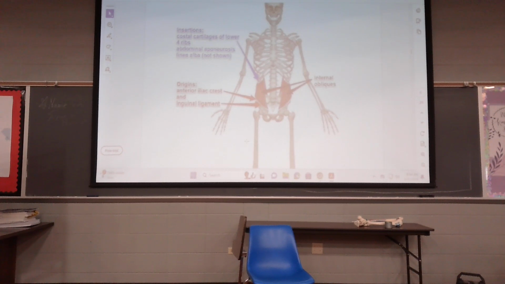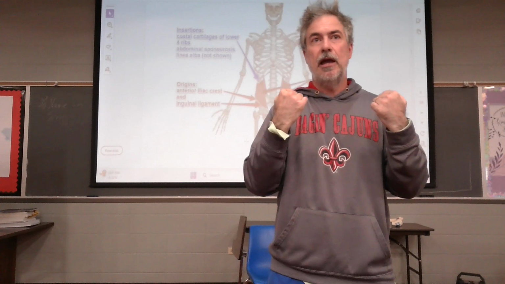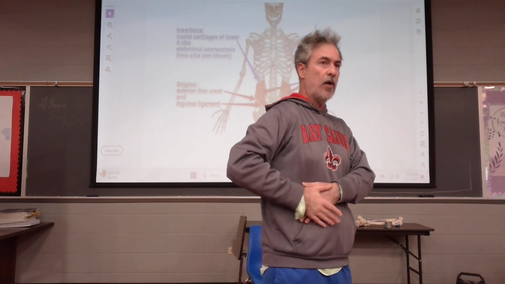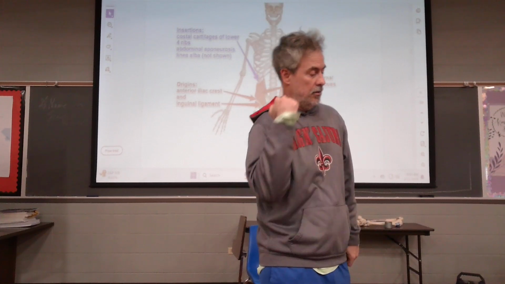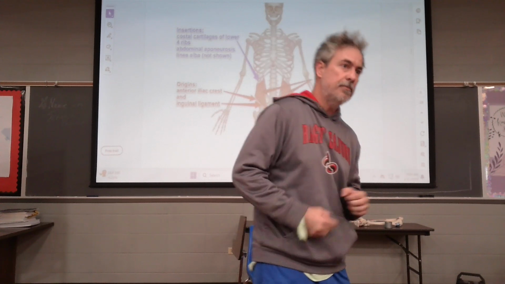Your internal obliques have the same exact pull as the external obliques in two planes. Sagittally, in other words, they sit in the front of class. And your right external is going to have the same line of pull as the right external frontally. In other words, they're on the right side of the belly button, right ribs to right hip, pulling left ribs to left hip.